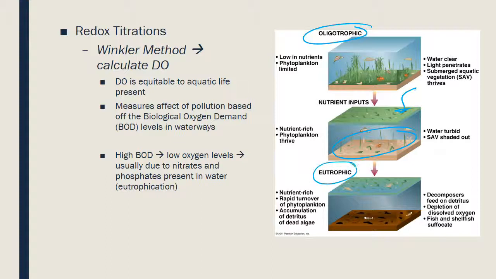And that creates what's called the eutrophic system, where there's too much nutrients, so too much bacteria, too little oxygen, death of the ecosystem. And so they use the Winkler method to figure out, well, what do the dissolved oxygen numbers look like so that you can look at what the health of the ecosystem is. It is used worldwide. This is probably the most common form of a redox titration method.